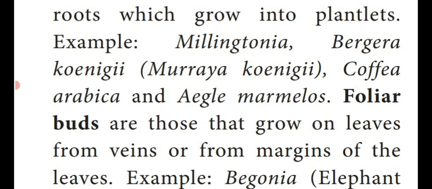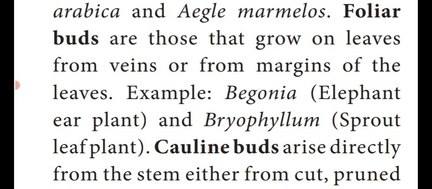Then another type of adventitious bud is foliar buds. Foliage, as I told you in previous video classes, means leaves. So the buds which are produced from the margin of a leaf are known as foliar buds. Example, begonia, the elephant ear plant, whose shape looks like an elephant ear.